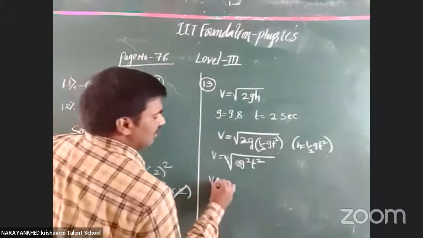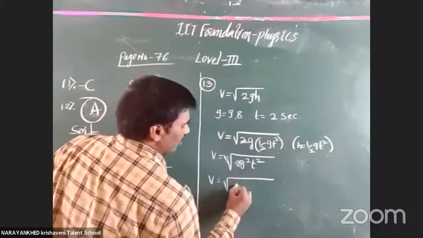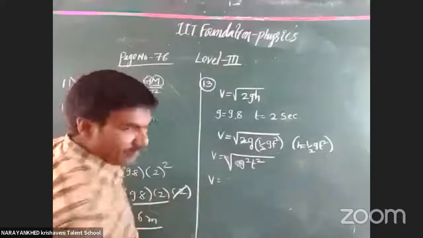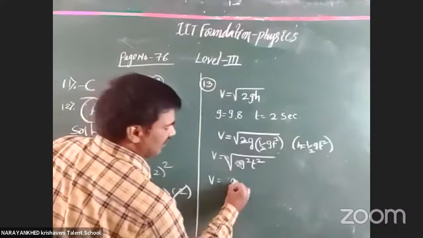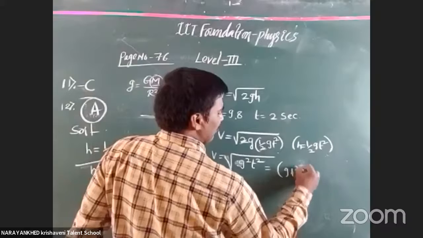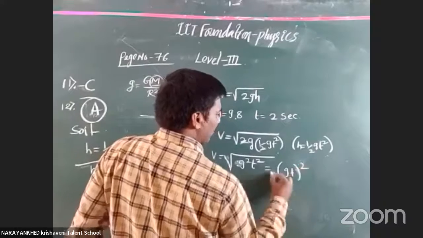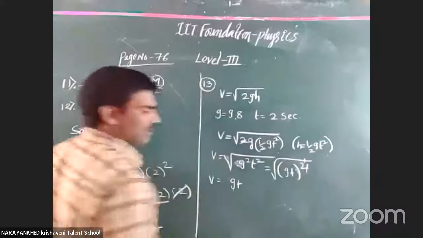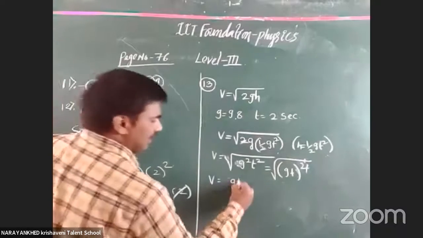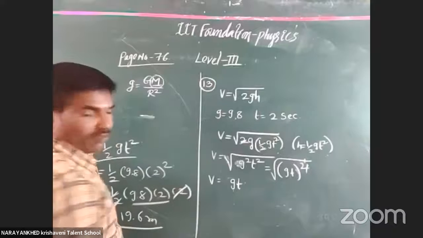Now v equals under root of g square t square. That becomes what? It is also written as gt. Why? Because the square and the under root of g whole square cancel each other, so v equals g into t. Clear or not?